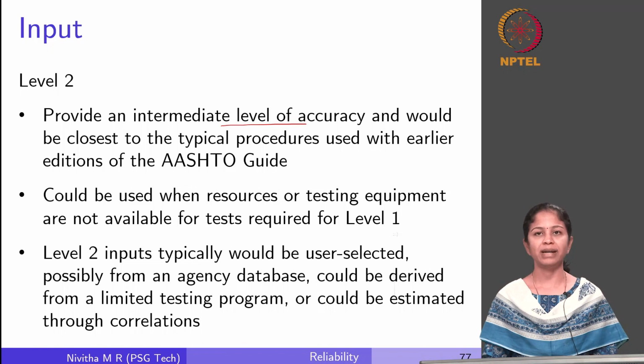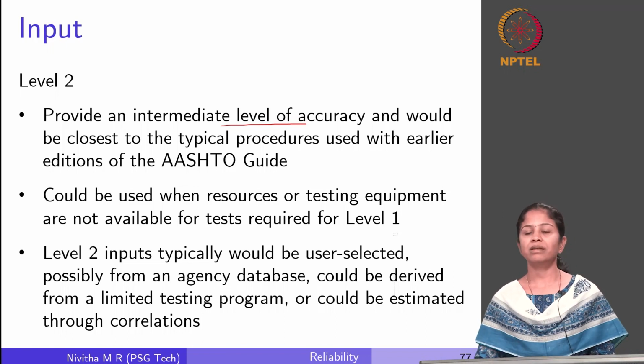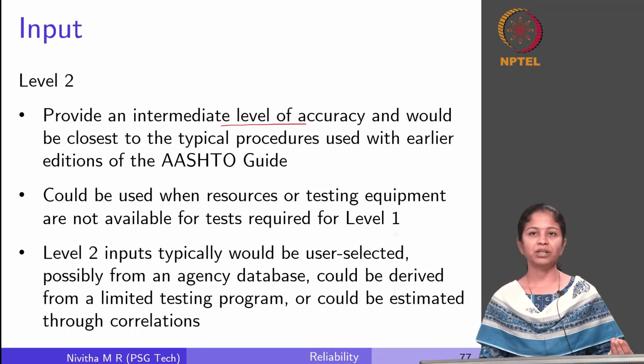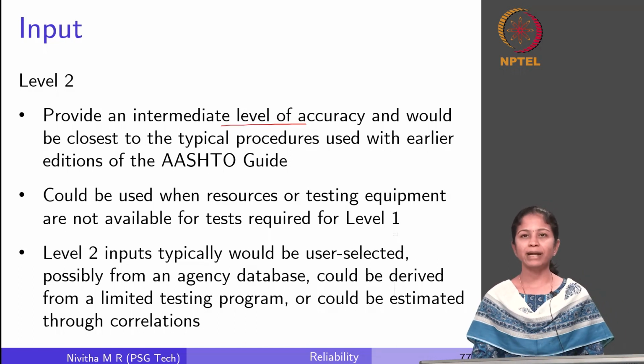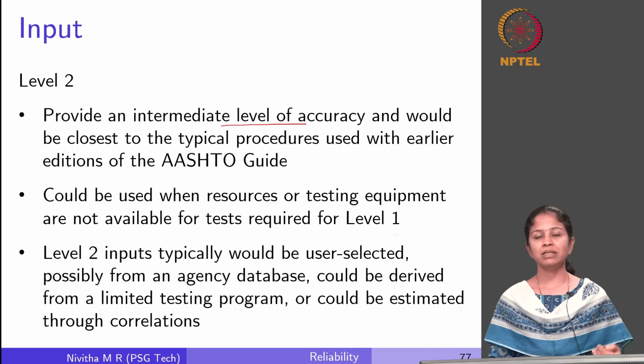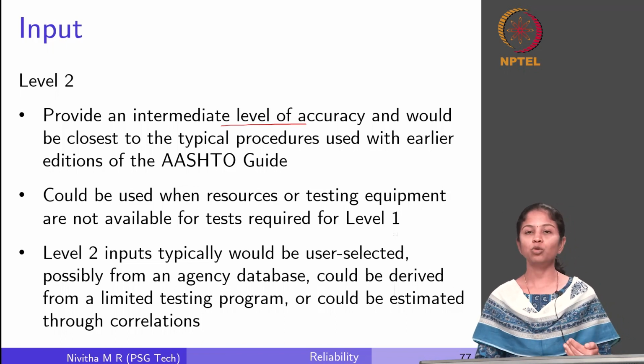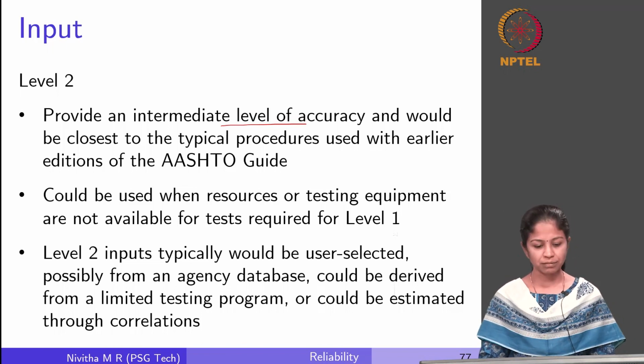So if you look at AASHTO 1993, it will be more related to the kind of procedures which are suggested in AASHTO 1993, wherein we sometimes resort to the use of empirical equations, or let's say for example for effective roadbed resilient modulus, we did not measure at different moisture conditions but used a damage concept to scale it. So those kind of approximations will be used, but still we are not deviating too much from the realistic condition.